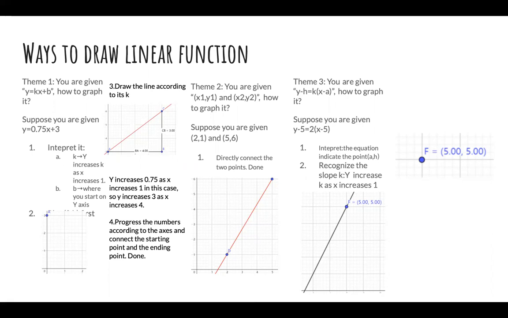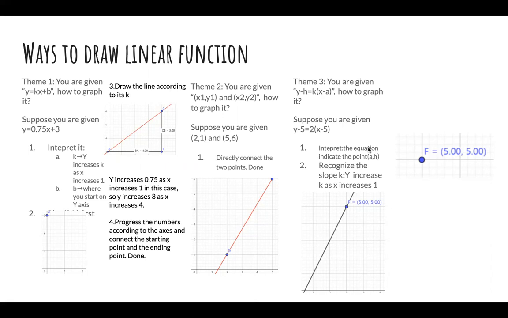Interpret it: k is how much y increases as x increases by 1, and b is where you start on the y-axis. So y increases 0.75 as x increases by 1 in this case, so y increases 3 as x increases 4.